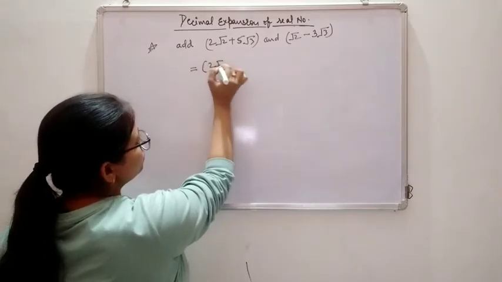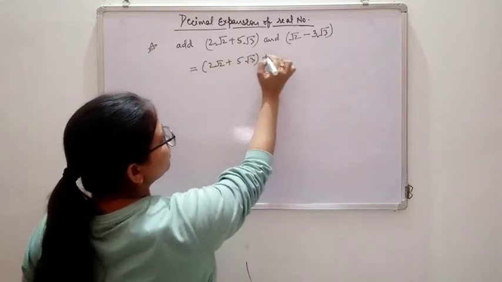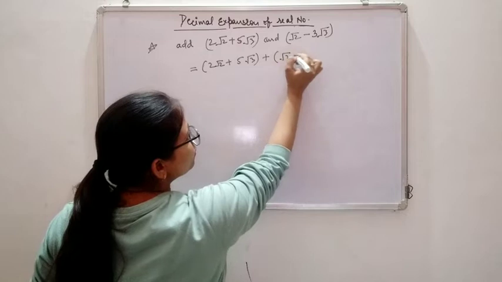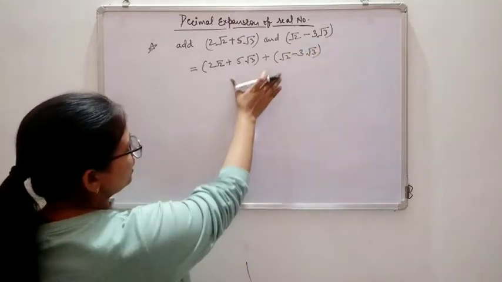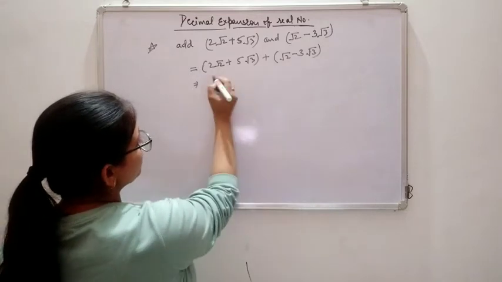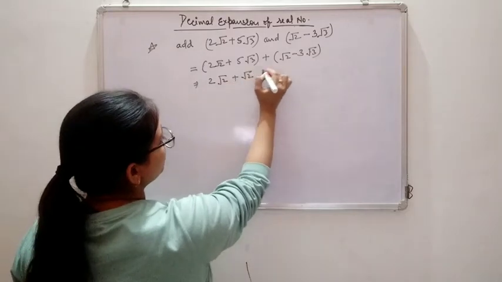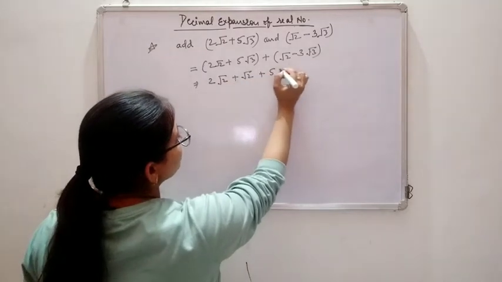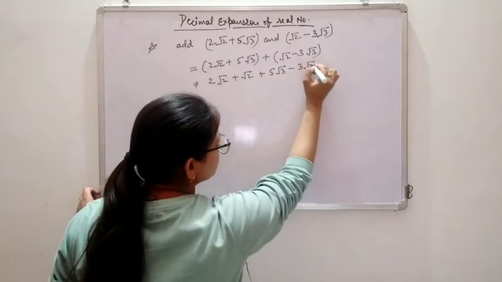So 2 root 2 plus 5 root 3 plus root 2 minus 3 root 3, right? Now add these two numbers. So take root 2 here, 2 root 2 plus root 2, and 5 root 3 minus 3 root 3.